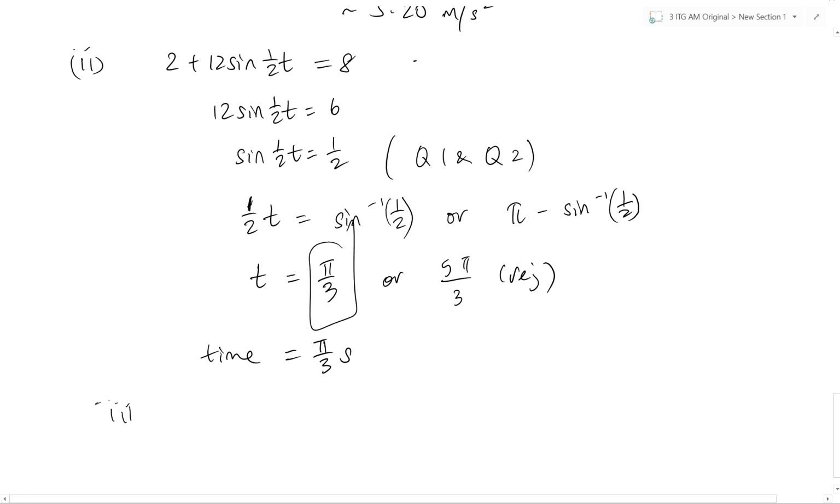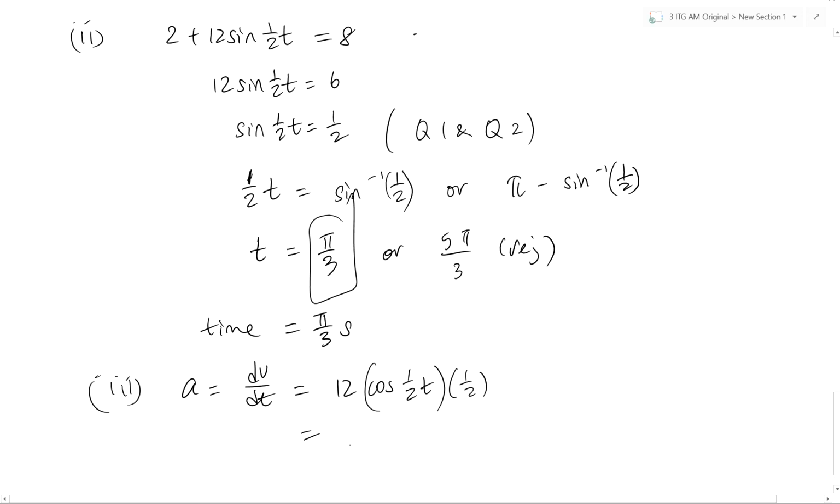For the final part of the question, acceleration. Acceleration is dv over dt. So differentiate the velocity. We will have 12, sine becomes cosine, half t. Then we multiply this by half. So we will arrive at 6 cosine half t.